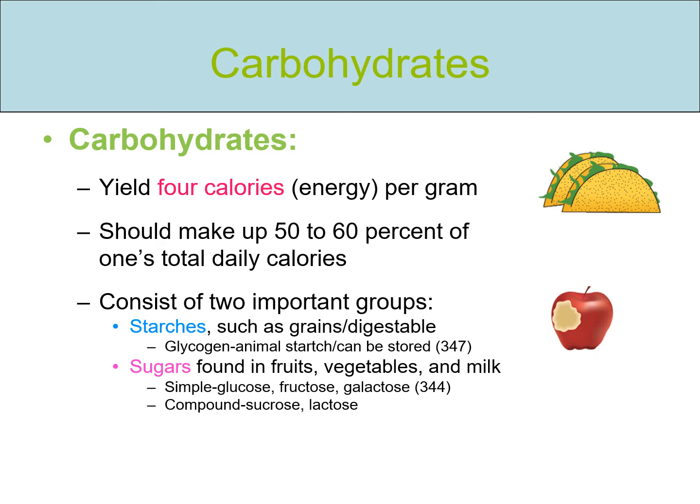So looking at carbohydrates, they yield 4 calories of energy per gram. They should make up 50 to 60% of one's daily total calorie intake, and they consist of 2 important groups: starches such as grains and digestible starches, and you can look at these different types on page 347 of your text, and sugars, the sugars found in fruits, vegetables, and milks, such as simple glucose, fructose, and galactose, and then compound sugars like sucrose and lactose.